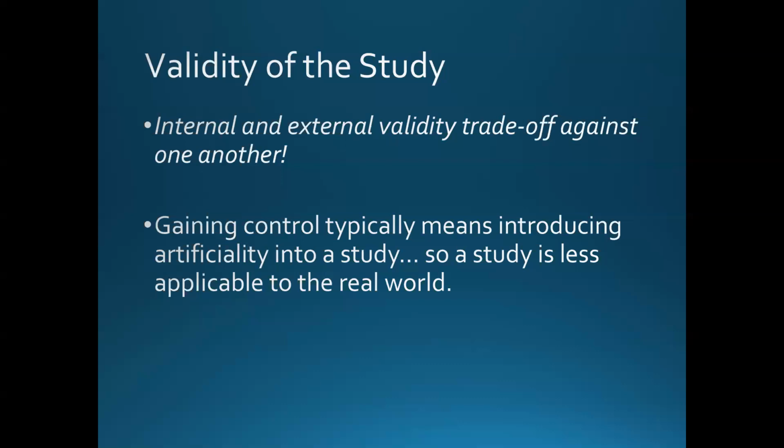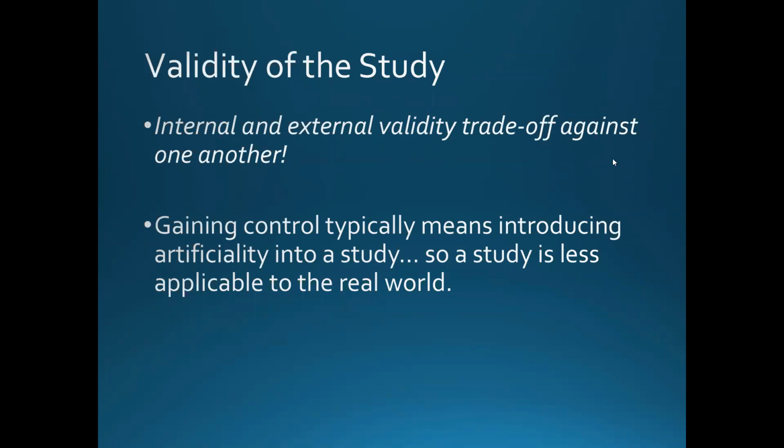And in order to do that, you need to control everything else and make sure everything else is the exact same for both groups. This is just not realistic in the real world. So a really tightly controlled study may have less external validity, or it may not be as applicable to the real world.